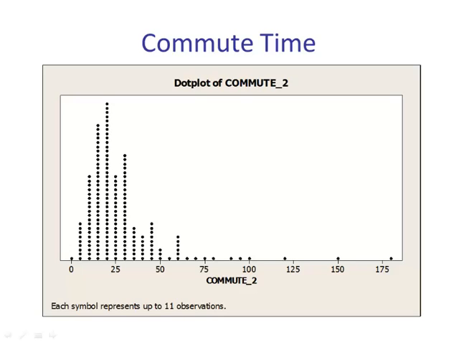Here's the same data set, but this time instead of a histogram, it's a dot plot. And again, we can see that there are possible outliers to the right. A dot plot only shows possible outliers. A box plot is the only graph that will tell us if a value is an outlier.